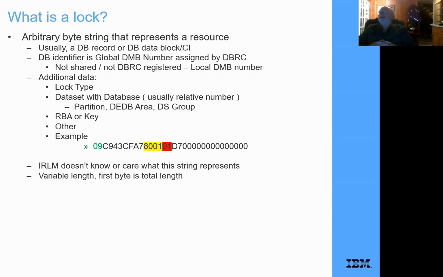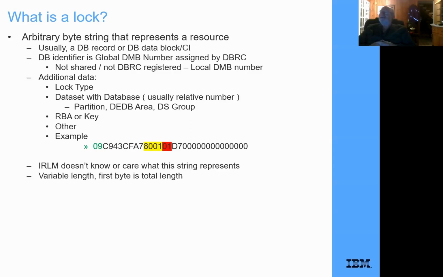Additional data that's in the lock: there's a lock type. It's fast path locks, dataset busy locks, GRID locks, etc. There's usually a data set within the database identifier, usually a relative number.